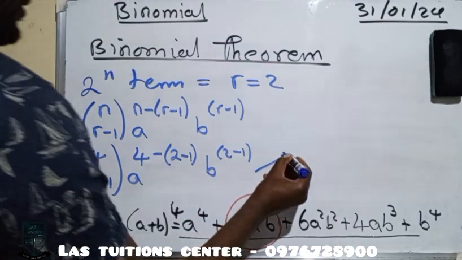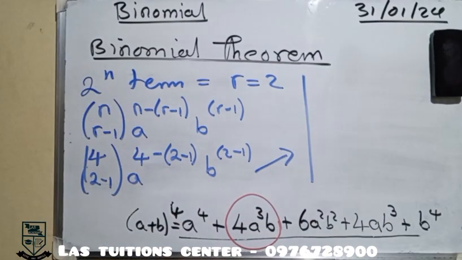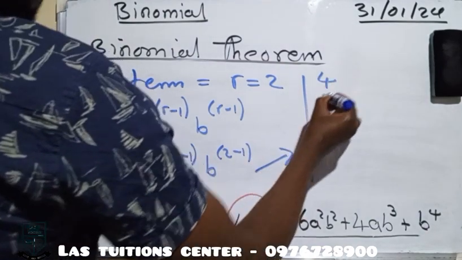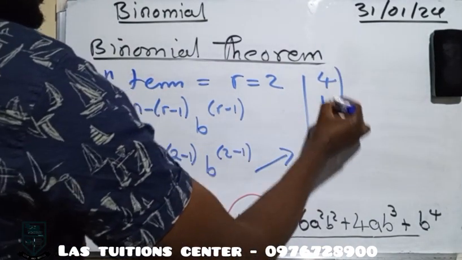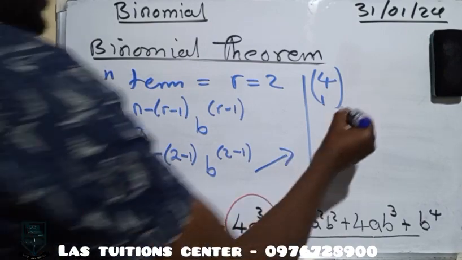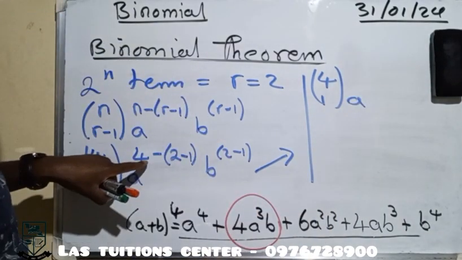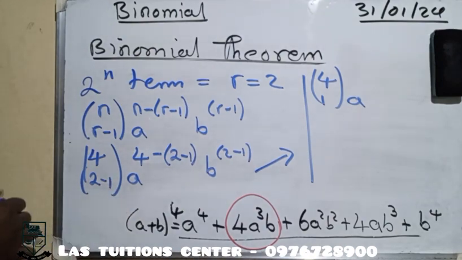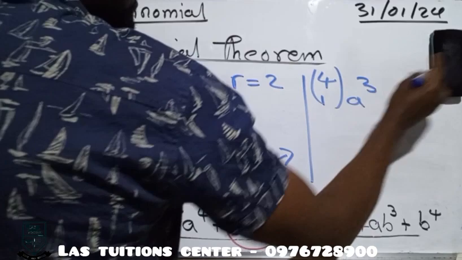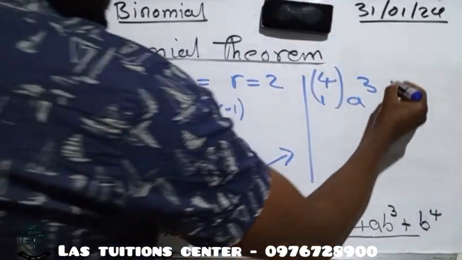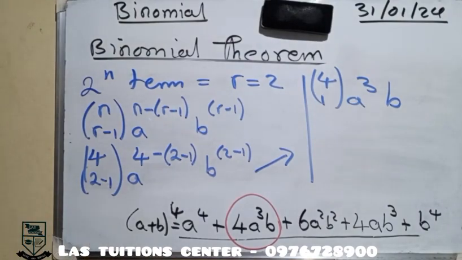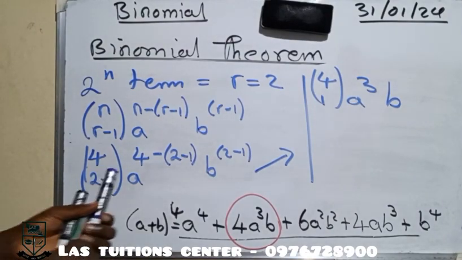So this gives us 4 choose 1, since 2 minus 1 is 1. Then we have a to the power 4 minus 1, which is 3, then b to the power 1. Now we need to work out 4 choose 1.